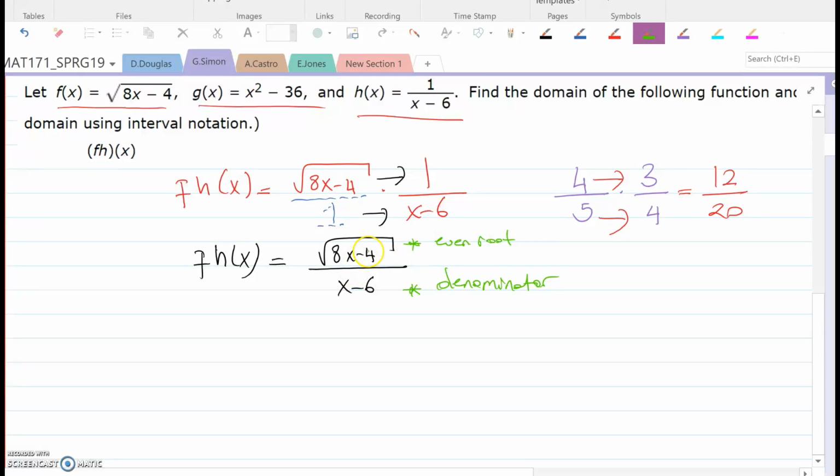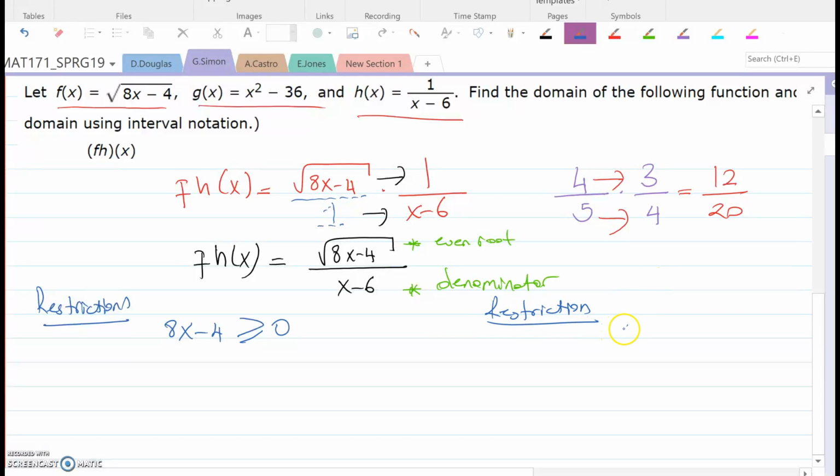So for the even root, the top one, what do we want? We want that to be greater than or equal to 0. This is restriction 1. And for restriction 2, we want x minus 6 not equal to 0.